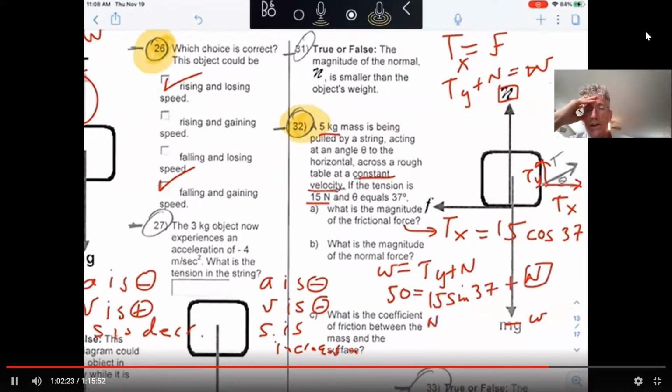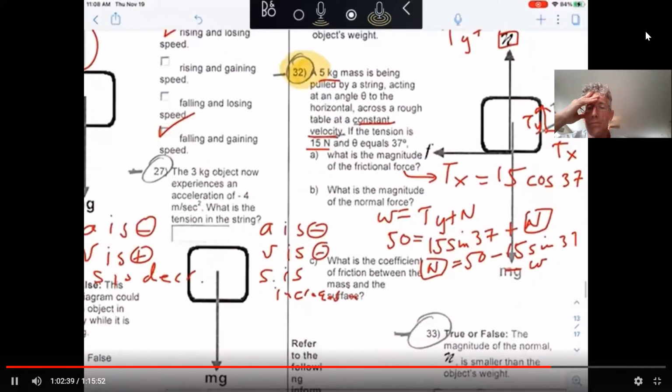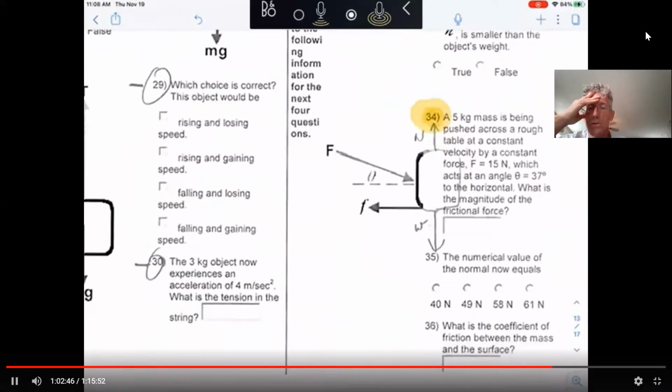So we can find N that way. So we got to calculate that out. Okay, so I guess I was too lazy to calculate it out.